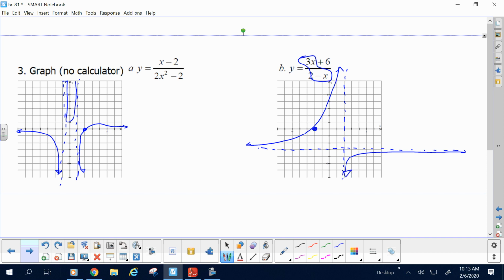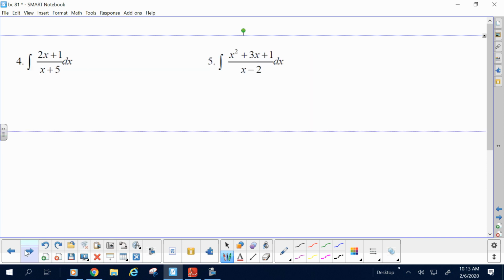And then, what'd you get here? 2x minus 9 log, yes. Okay.